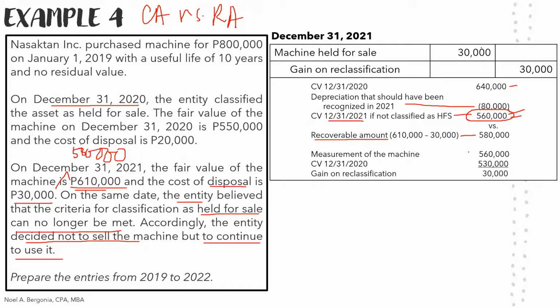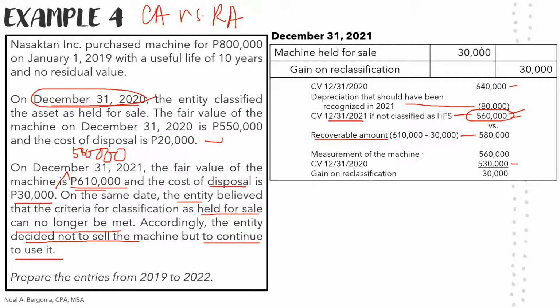Okay? But please take note that you need to compare it kasi in our previous recording on December 31, 2020, kung babalikan natin yung previous slide kanina, our valuation was actually at 530,000, di ba? Yun yung ating fair value less cost to sell kanina.